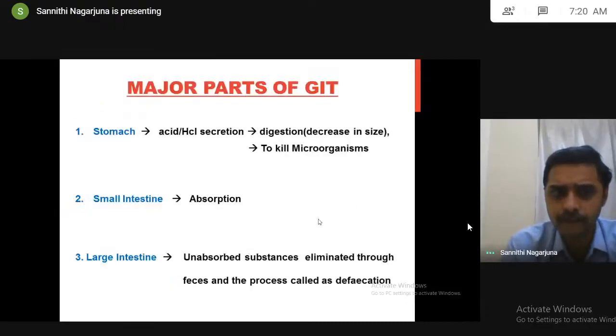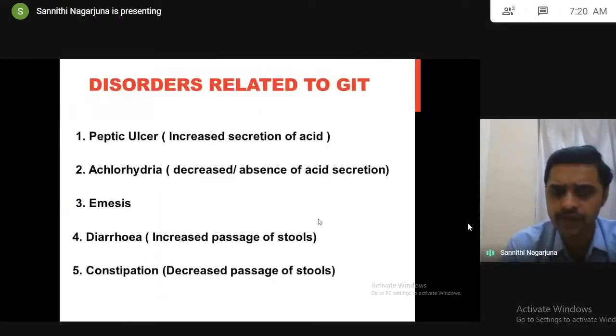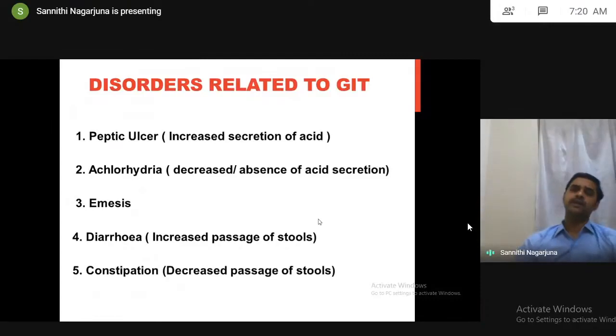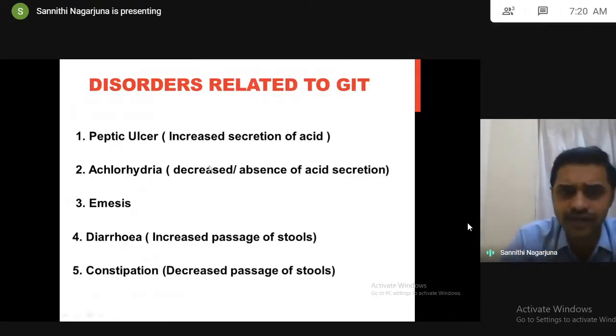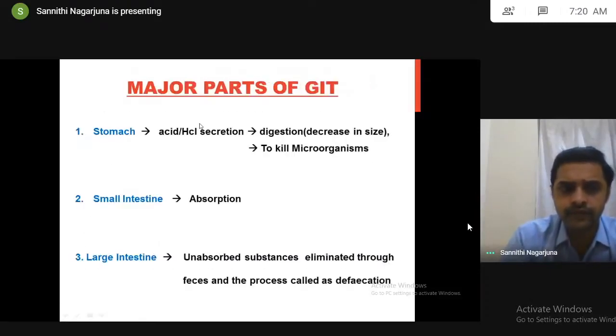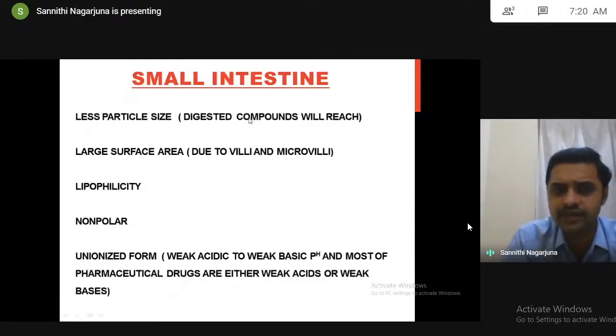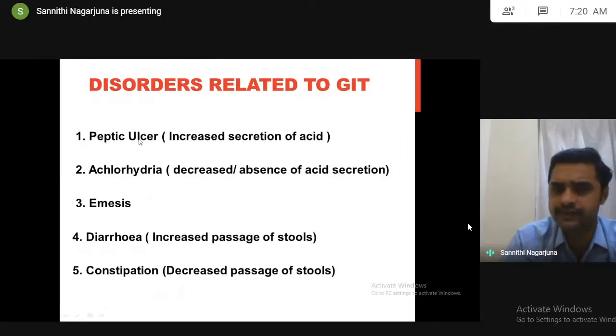The next is what? After basic functioning, disorders. So what disorders come to the GIT? You see here, same thing. We told the stomach's normal function is secretion of acid. Excessive acid secretion is called peptic ulcer.